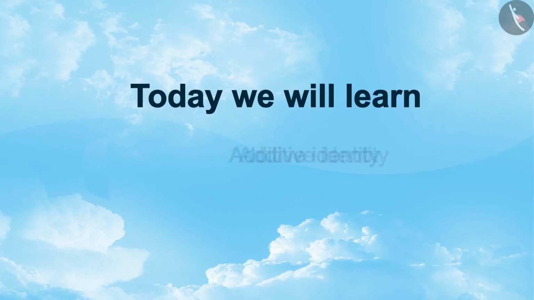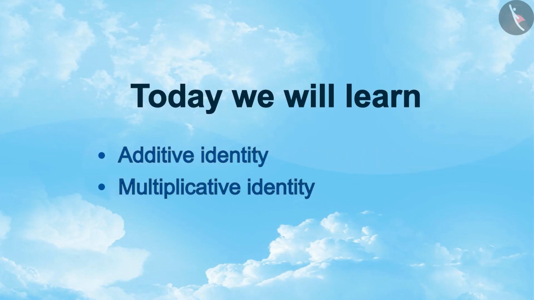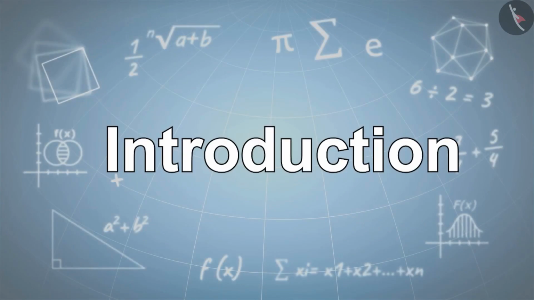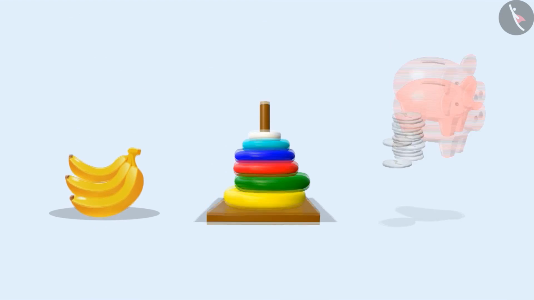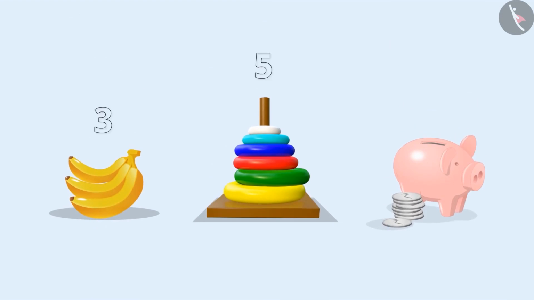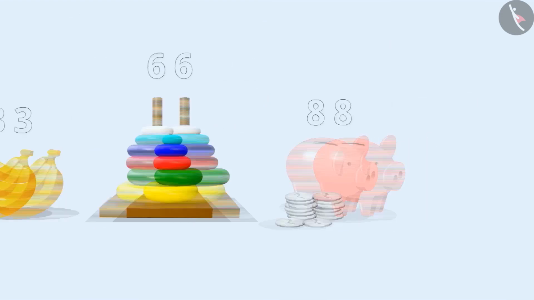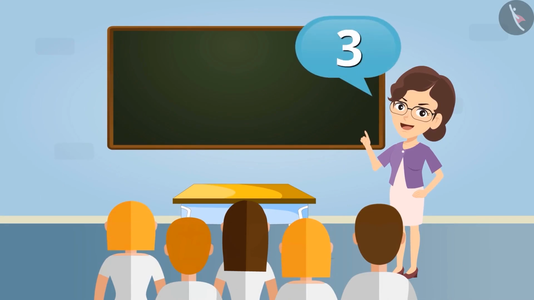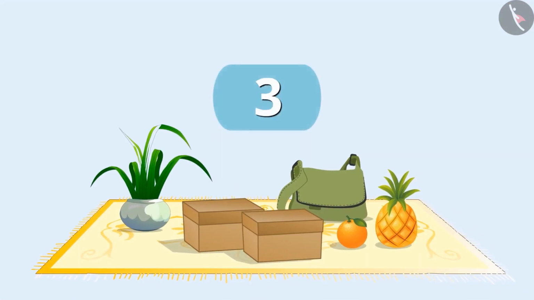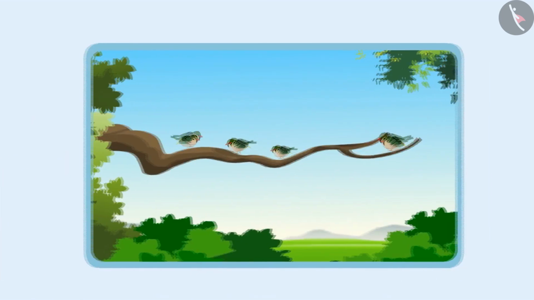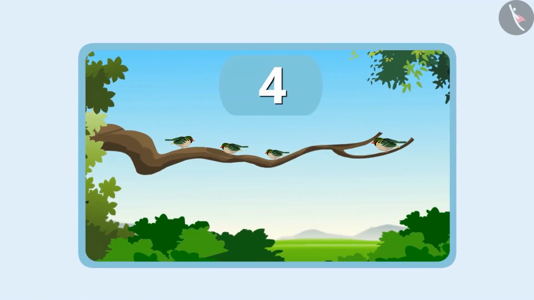Today we will learn about the additive identity and multiplicative identity of whole numbers. You might have done counting several times in your life. Counting the students in a class, counting various objects, counting the birds on a tree, etc. Whenever we start counting, numbers like 1, 2, 3, 4, etc. come to our mind naturally.